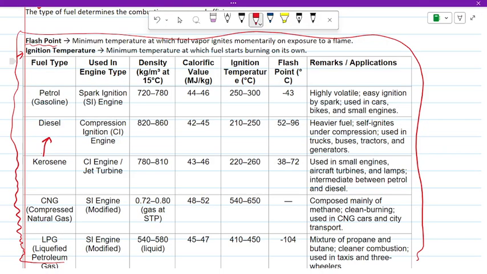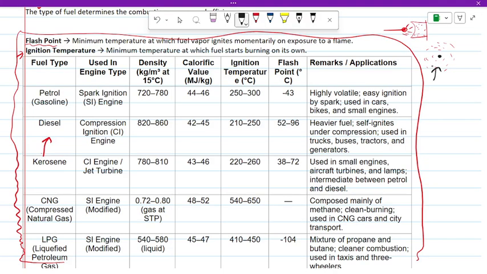Okay, what is ignition temperature? Ignition temperature means the temperature of the environment around the fuel is so high that the fuel starts burning by itself. Like, if I have a burning matchstick and I put a container of petrol, at what temperature will it start burning? If this is the environment and this is the fuel, what should be the temperature of this environment so that it ignites itself?